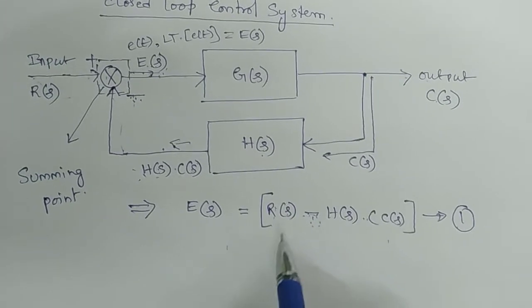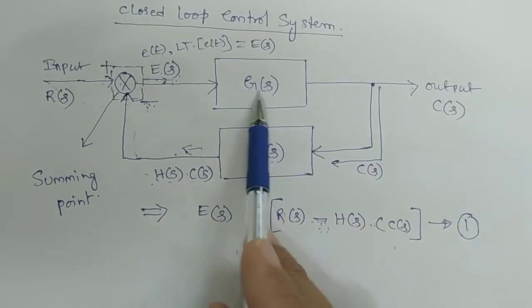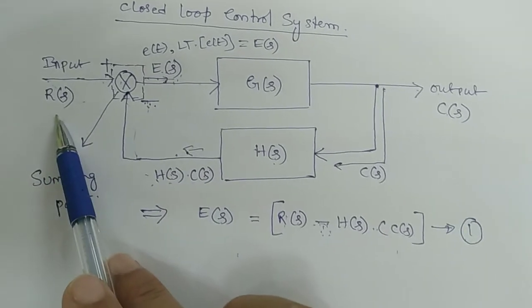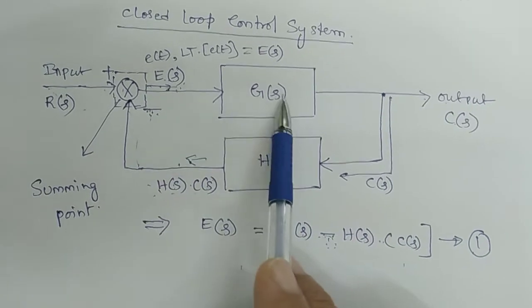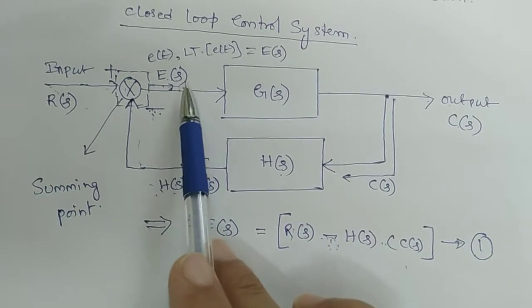Therefore, the input of G(s) is not R(s). The input to G(s) is E(s). Remember that this is the input.